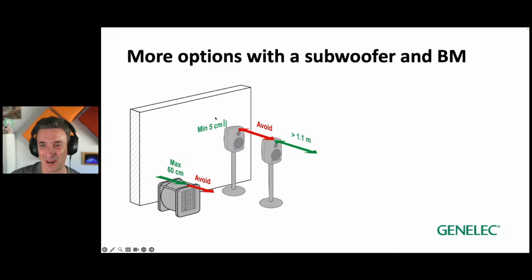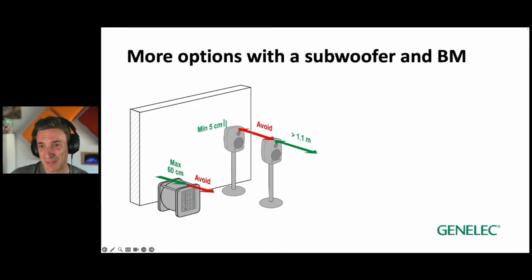This small part here with a minimum of 5 centimeters shows that, of course, it's good to have it close to the wall. You should then avoid the distance of up to 1.1 meters, exactly what I have shown you before with the SBIRs.